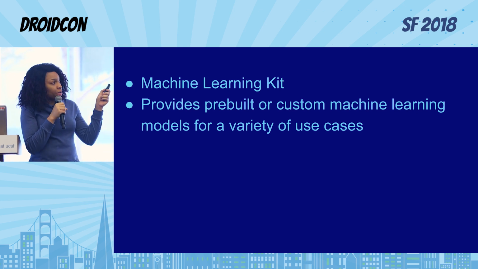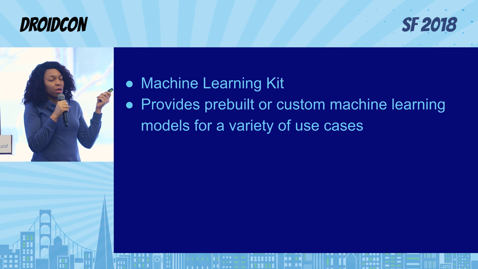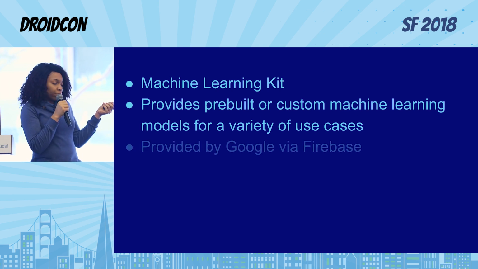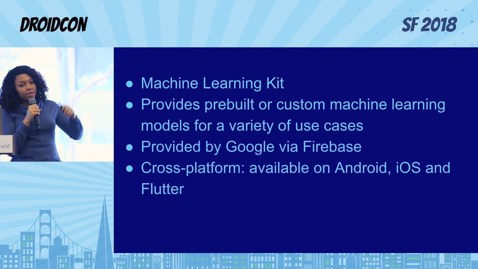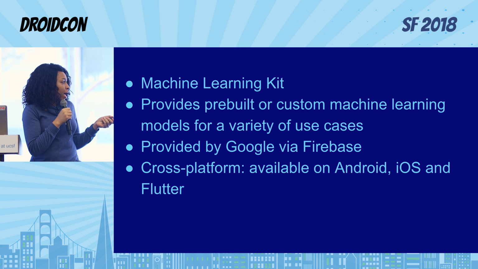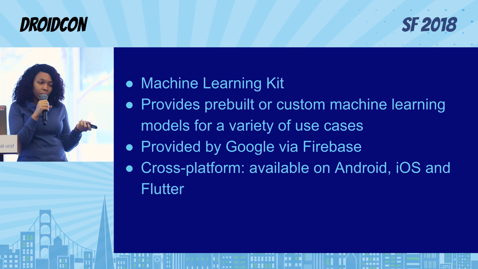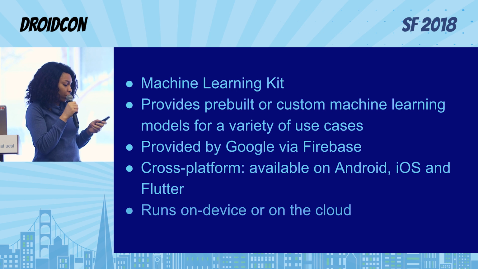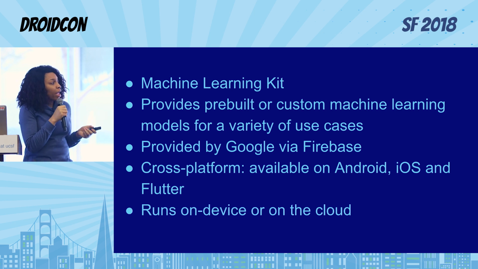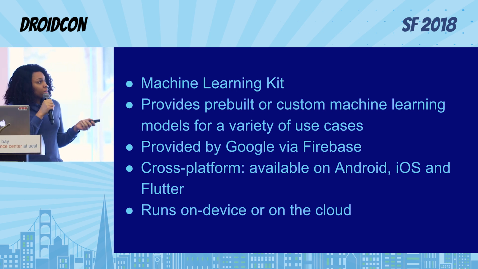It's provided by Google, and it's cross-platform, meaning that it's available on Android, iOS, and currently Flutter. But the Flutter library is currently being developed, so not all the APIs are available. And it also runs on the cloud and on device.